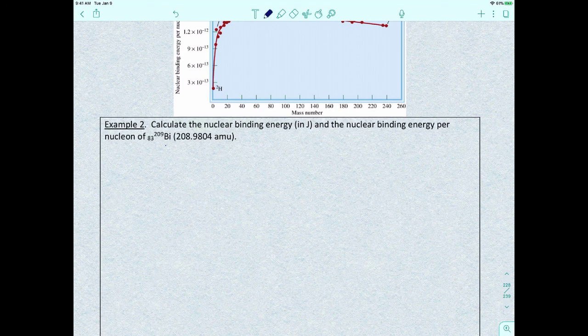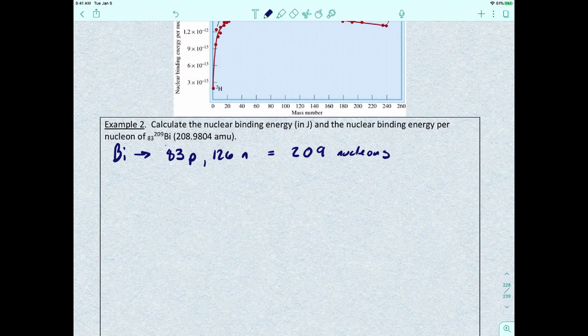Before we get into this, based on the periodic table and the numbers given to us, we know it's got to have 83 protons, and in order to have a mass of 209, it's got to have 126 neutrons. Adding these two values together, we get 209 nucleons.